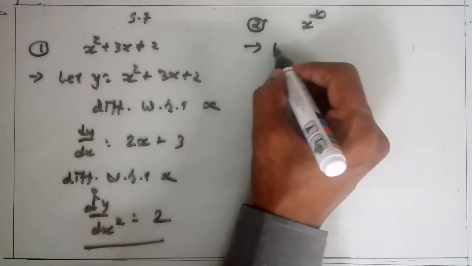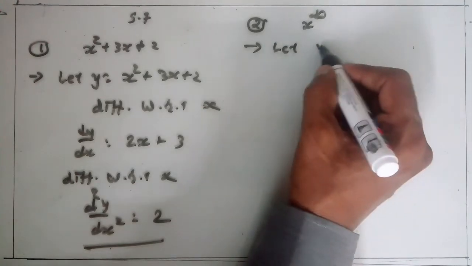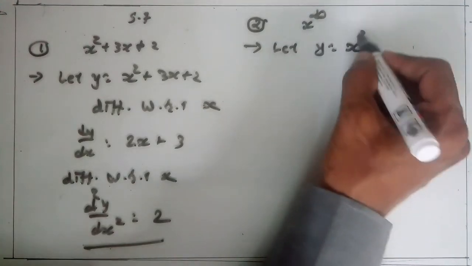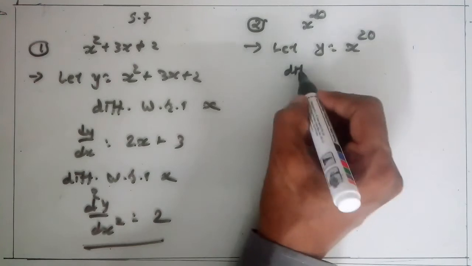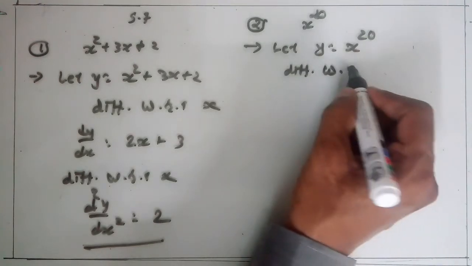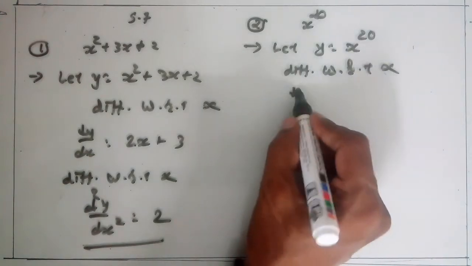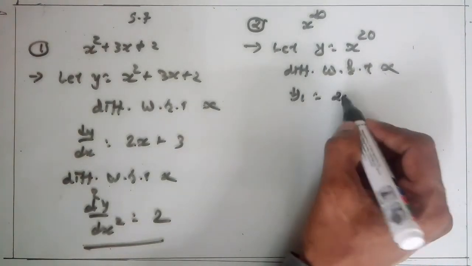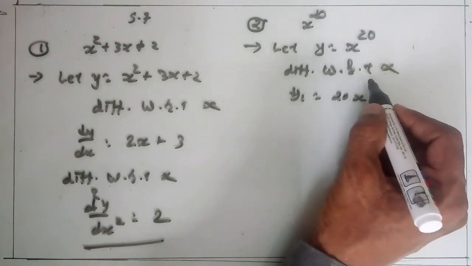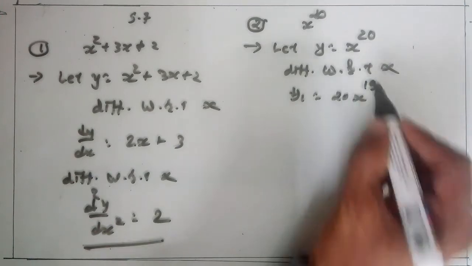Similarly, for the second question, x raised to 20. First suppose y = x^20. Differentiate with respect to x. Here we get y1 = 20 x^(20-1), that is x^19. Clear?